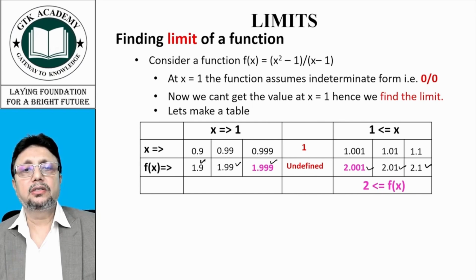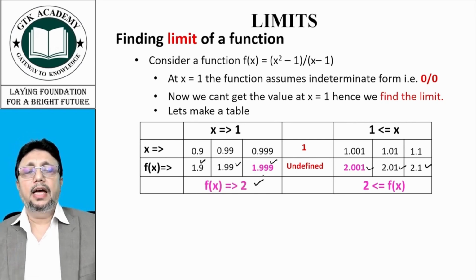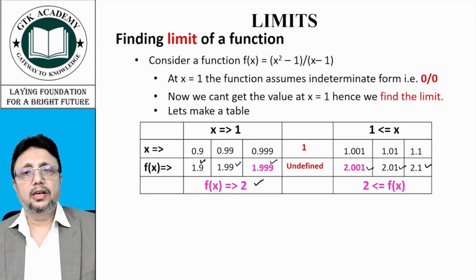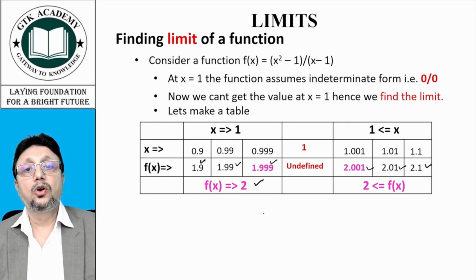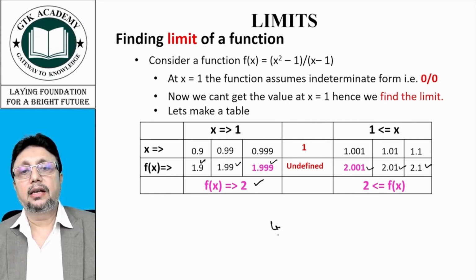That means f(x) is moving closer to 2. That means from both sides, whether from right or from left, the function is moving closer to 2. That means the limit of the function is 2. And we write it like that: limit x tending to 1 of f(x) is equal to 2.